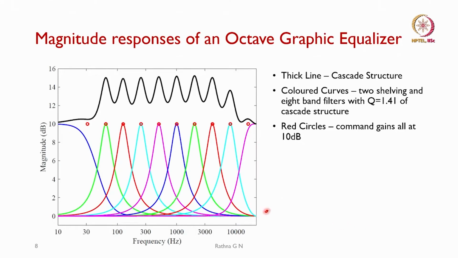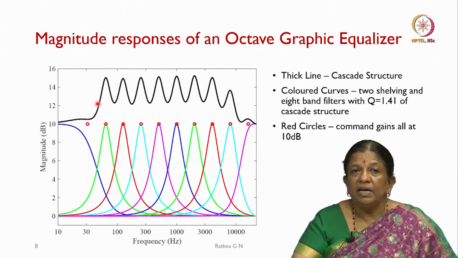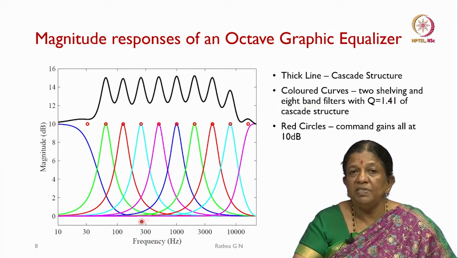Now we will see the magnitude response of an octave graphic equalizer. The thick line shows the cascade structure, with the input and the output. The colored curves show the 2 shelving filters and 8 band filters considered here. This is a low pass filter, after that you have band pass filters, and each one represents the center frequency of one band.